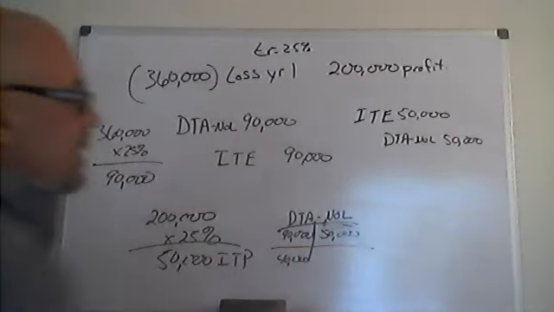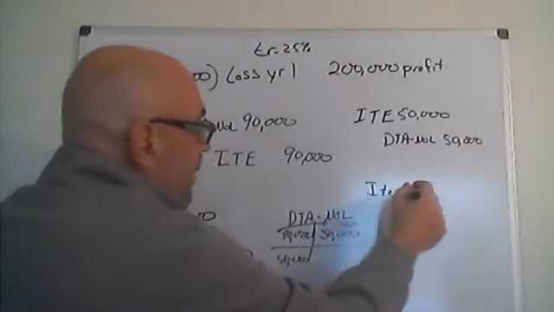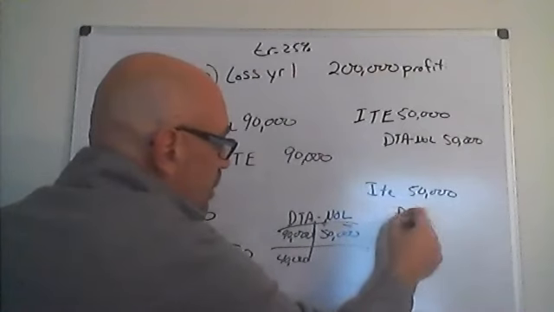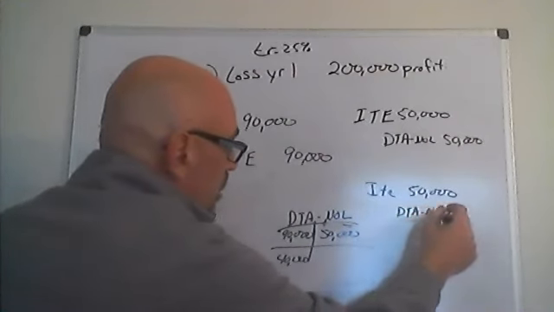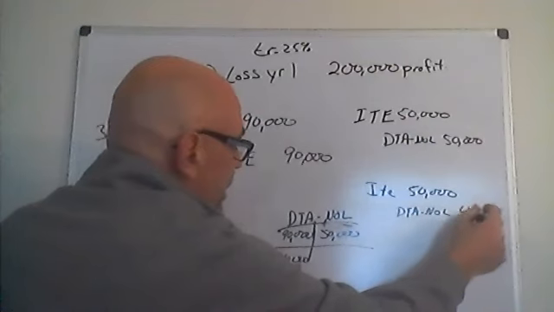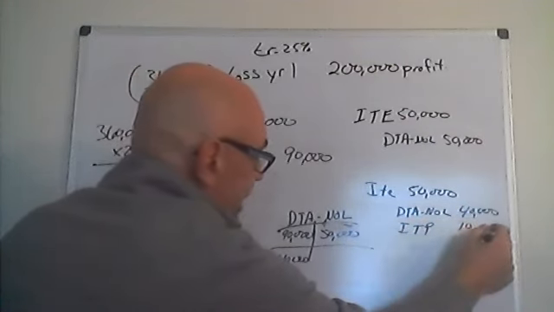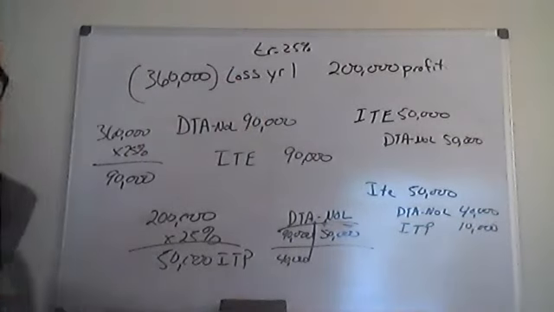Say in year 3 they had the same amount of profit, they have income tax expense 50,000. There's only 40,000 left in the NOL. The remaining 10,000 becomes payable.